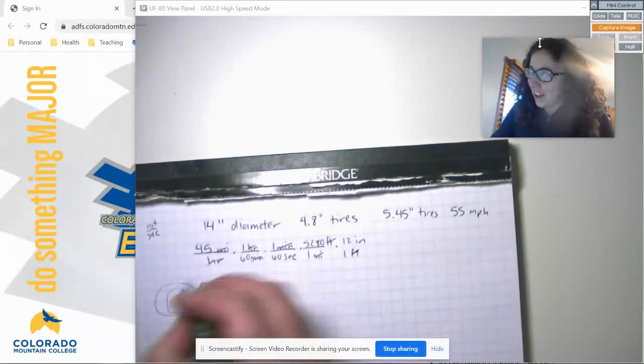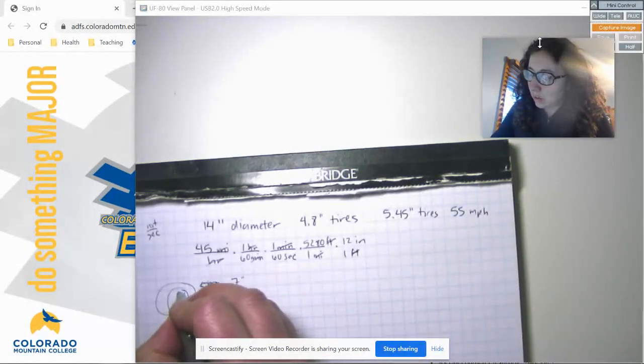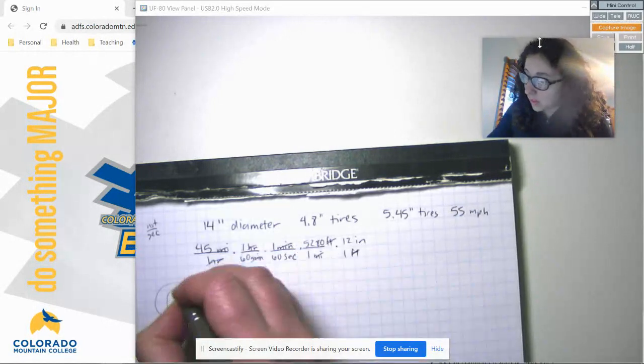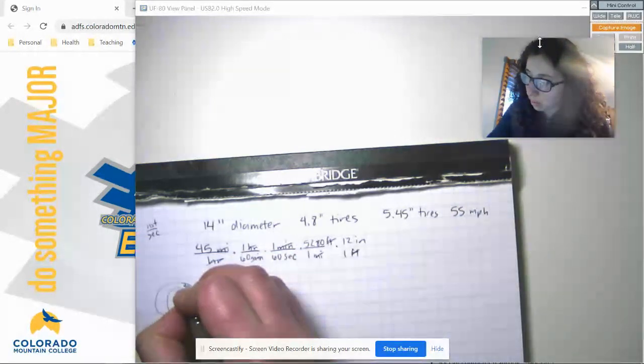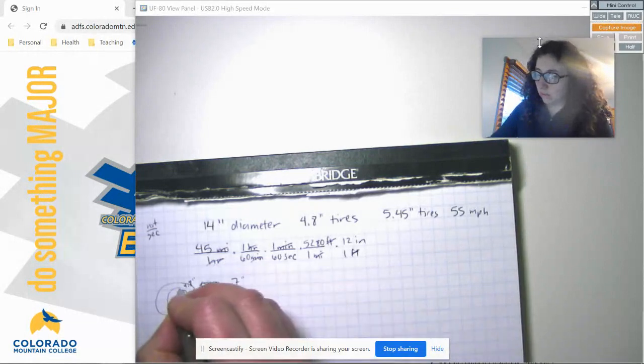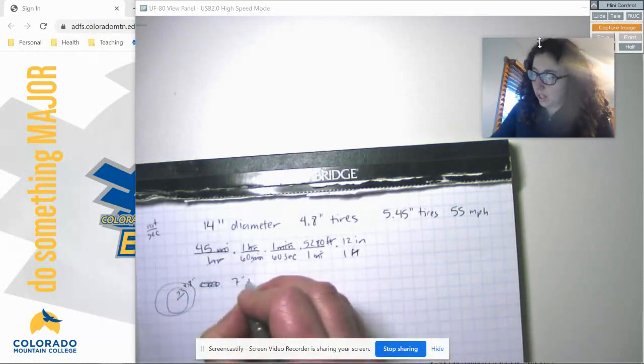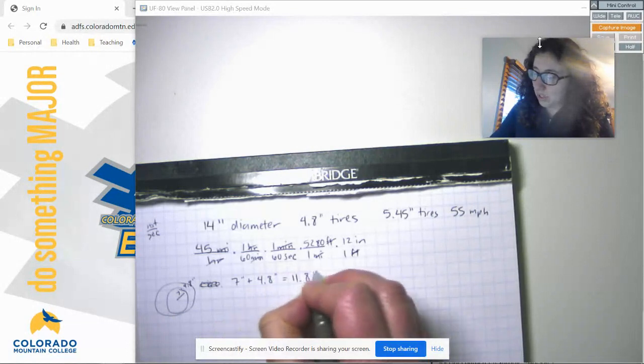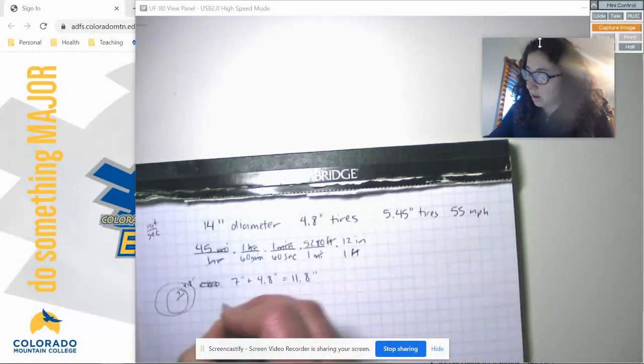Here's my wheel, and that has a radius of 7 inches because my diameter is 14. And then this out here is 4.8 inches, right? So 7 plus 4.8 is 11.8 inches, which is my radius.